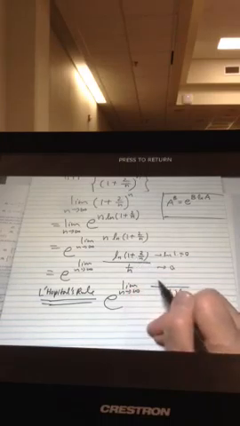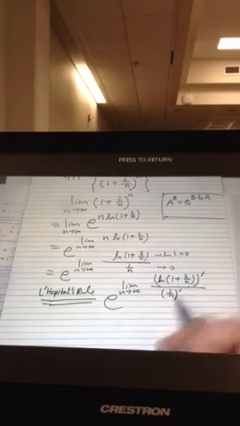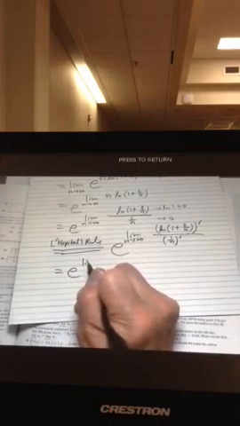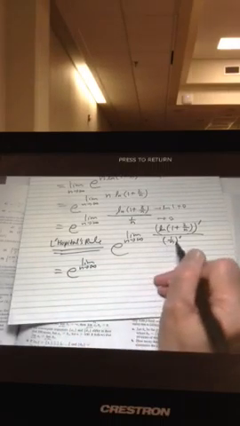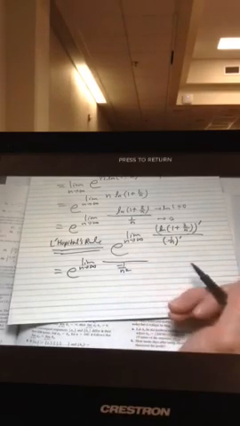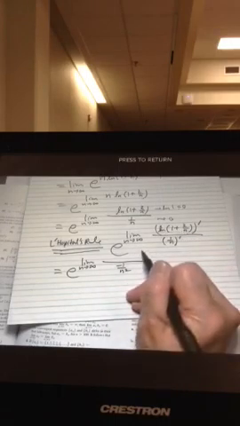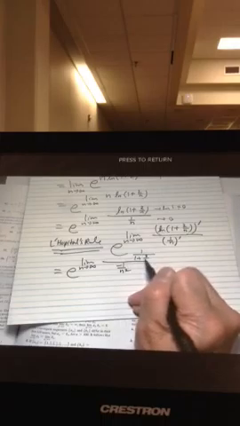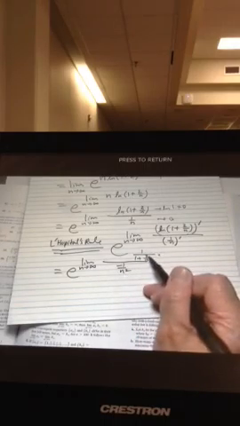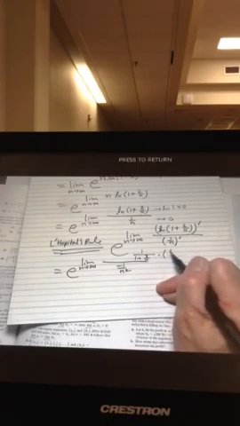Derivative of the numerator and derivative of the denominator. The derivative of 1 over n is negative 1 over n squared. For the numerator, 1 over (1 + 2/n) times the derivative of this thing, because here I have to use the chain rule. Let me write this very, very slowly.